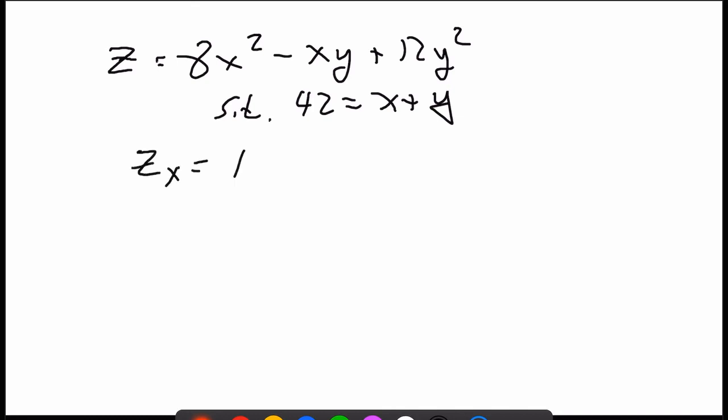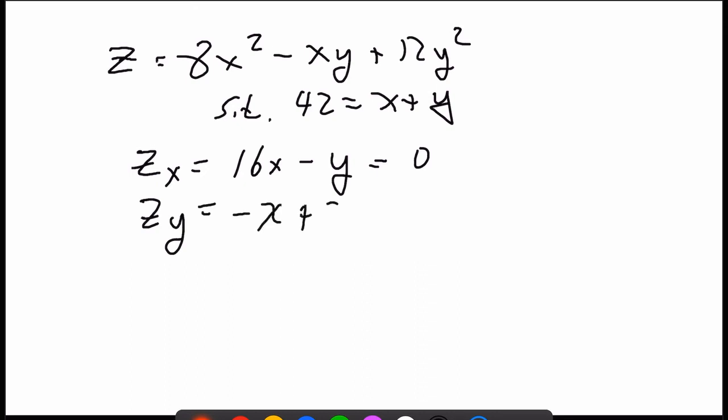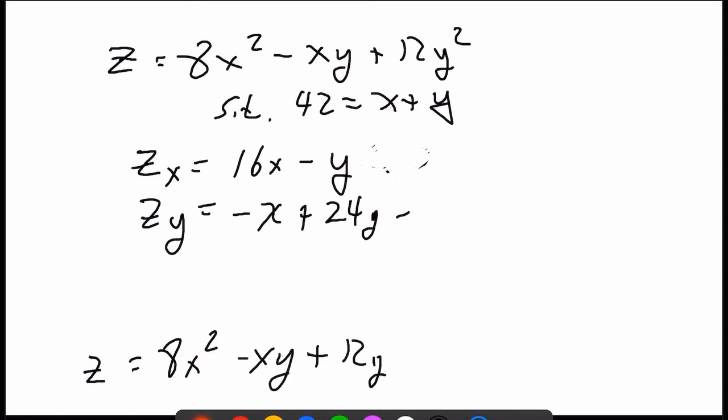So zx equals 16x minus y equals 0. Zy equals minus x plus 24y. See, you made me screw that up already. I'm blaming you guys. 8x squared minus xy plus 12y squared plus lambda times 42 minus x minus y.